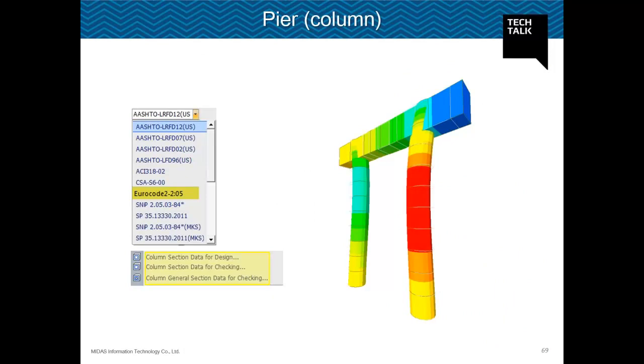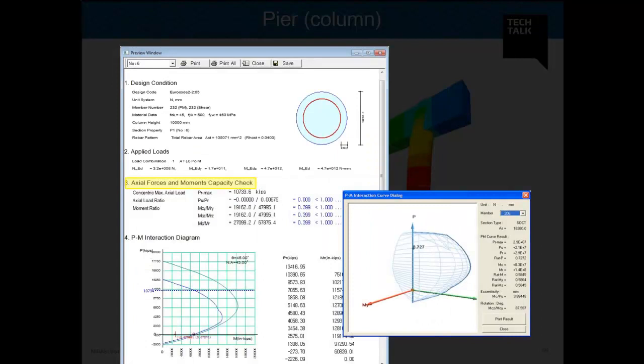You can define the reinforcements for the piers or columns and get the result checked, or you can also directly get the area of reinforcement required for the concrete column. This is how you will see the result in the form of an image. This is the output that you can get with the PM interaction curves.